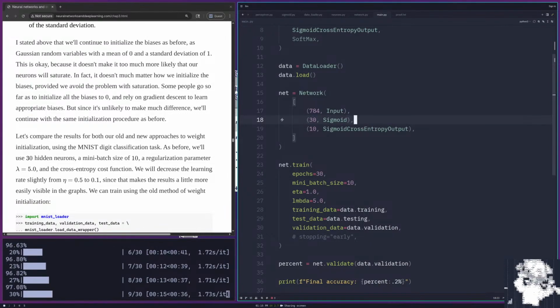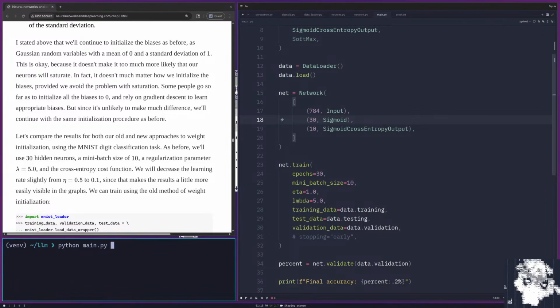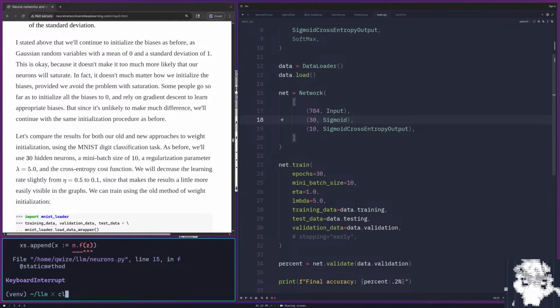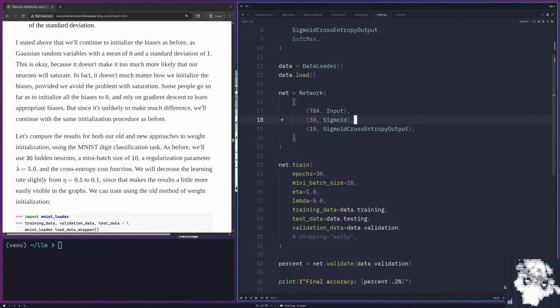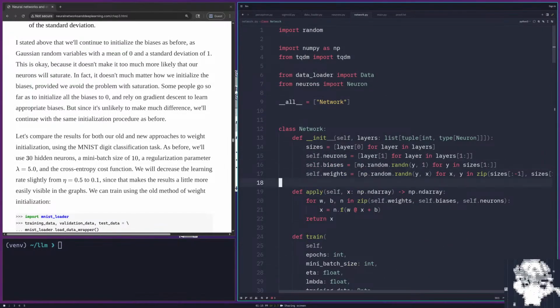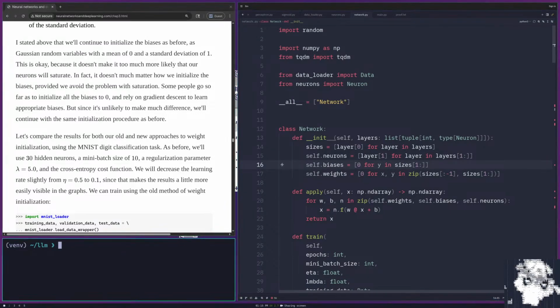Let's go back down to 30, to speed it up a bit. So we start with our first one. It basically goes 91, 93 in our first 2 epochs. Now if we change the network to start with everything at 0, just 0 for everything, how well does that do?